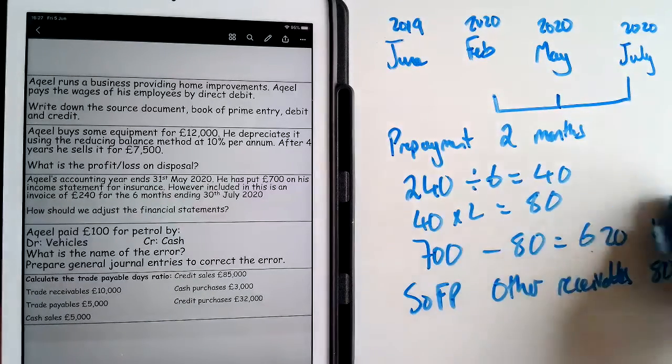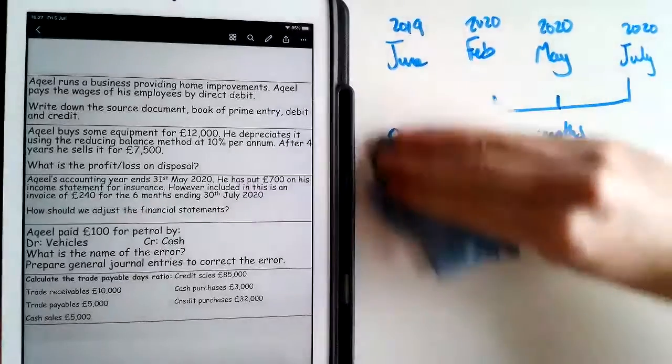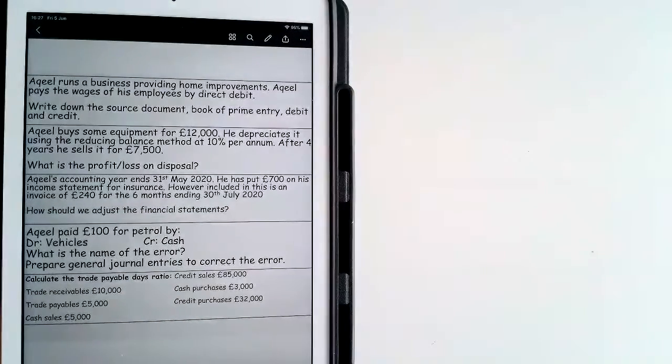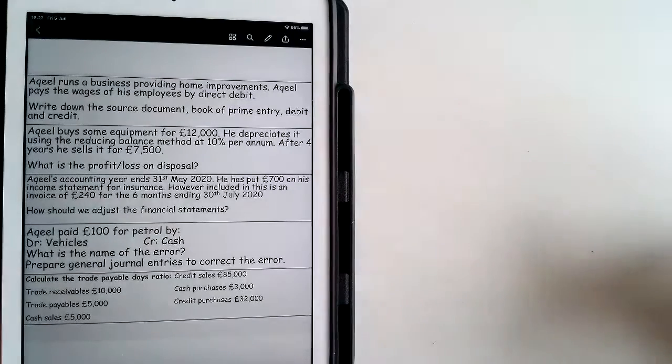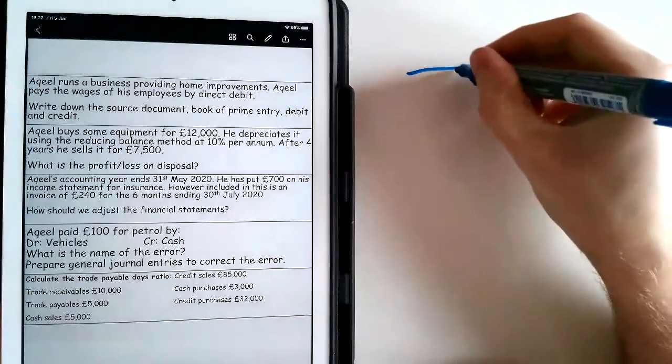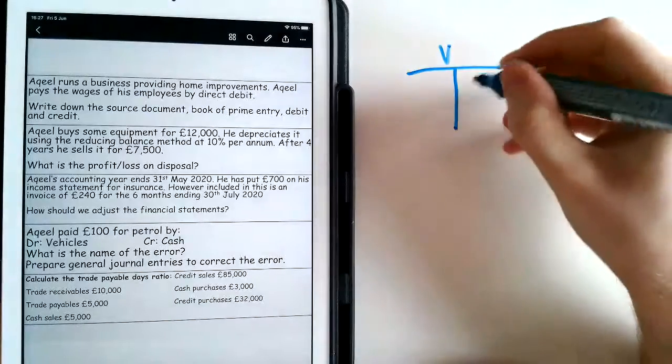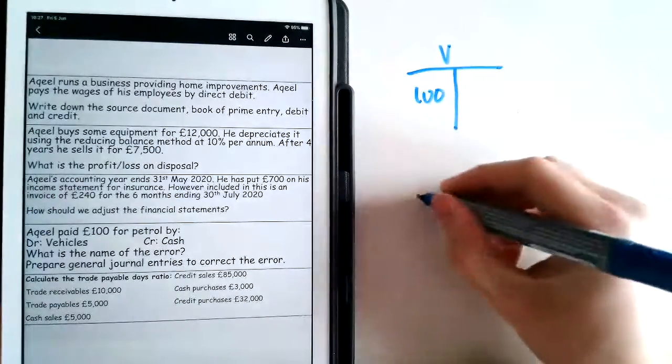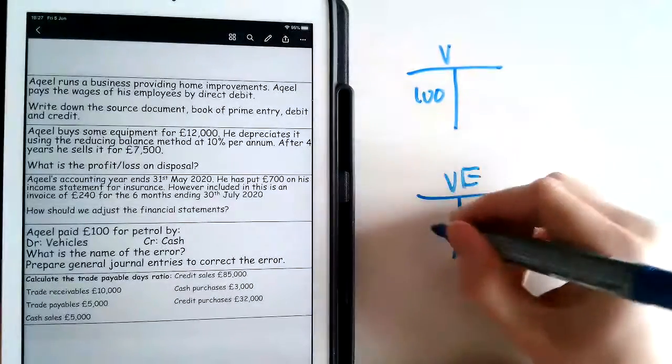Fourth one: Akil paid £100 for petrol by debiting vehicles, crediting cash. What's the name of this error? Well, if you paid for petrol, you should have debited vehicle expenses. So crediting the cash is correct, but at the minute vehicles has been debited by 100, when it should have been vehicle expenses.